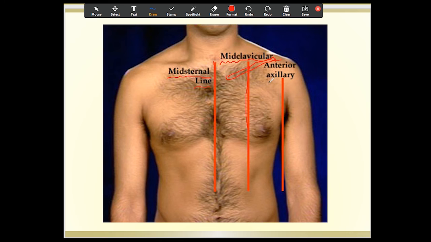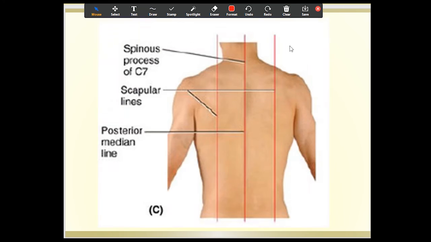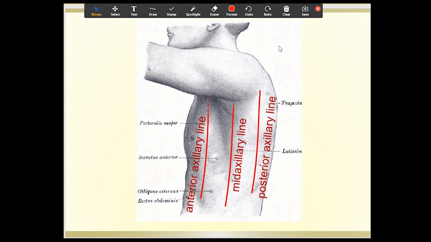Then for the axillary area, we have the anterior axillary line, the posterior axillary line, and the middle axillary line. Looking at this picture, following the anterior part we have the anterior axillary line, following the posterior part we have the posterior axillary line, and in the middle we have the midaxillary line.